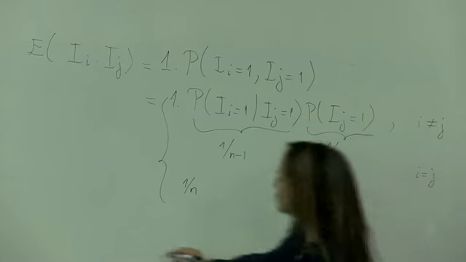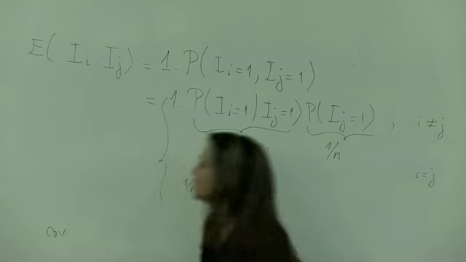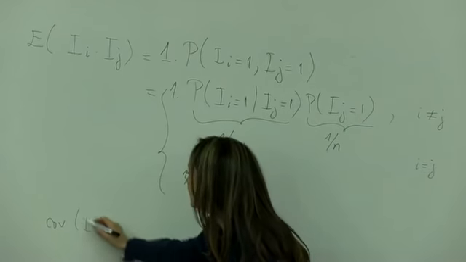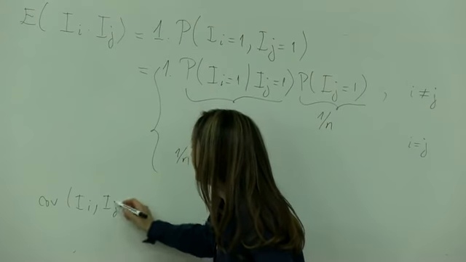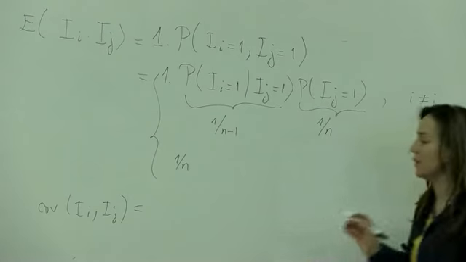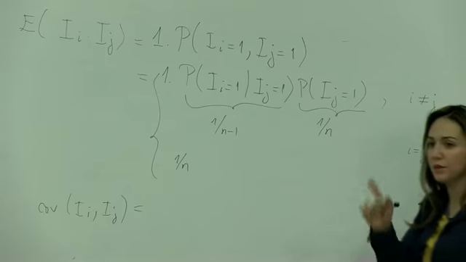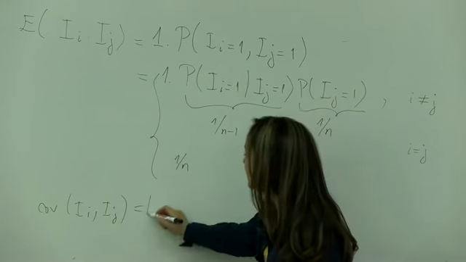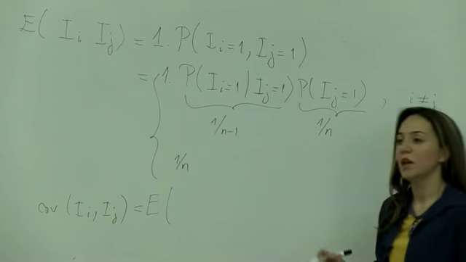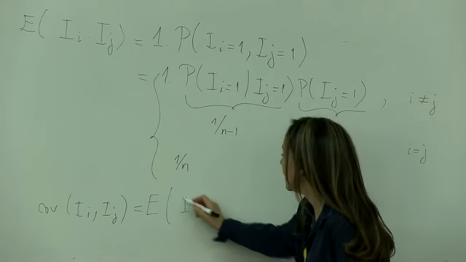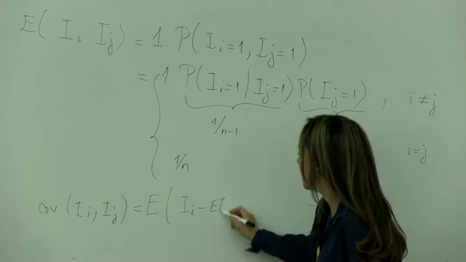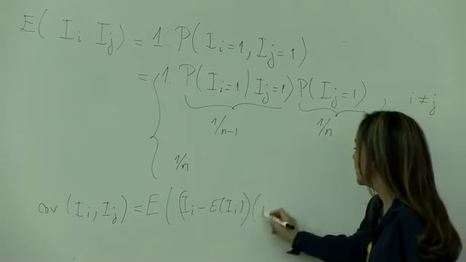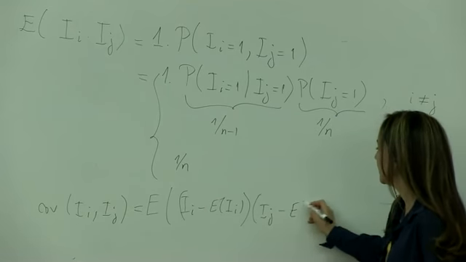Now let's also compute the covariance. Now we're using the covariance which we defined last time. Covariance of I_i and I_j. You remember what the definition of covariance was. Let me remind you. Covariance of two random variables is the expected value of I_i minus expected I_i times I_j minus expected I_j.